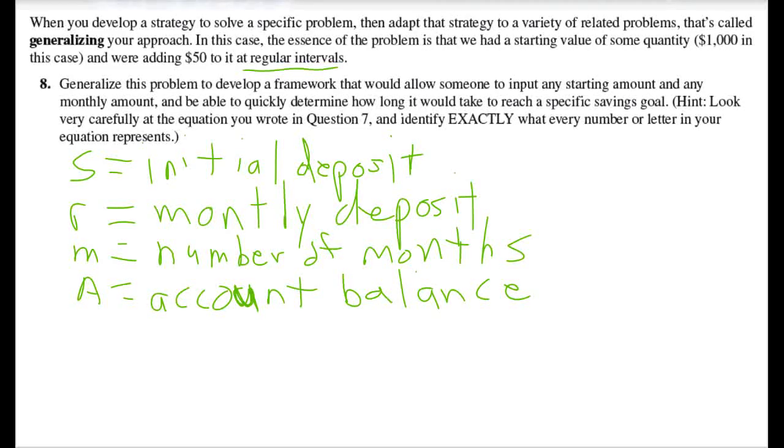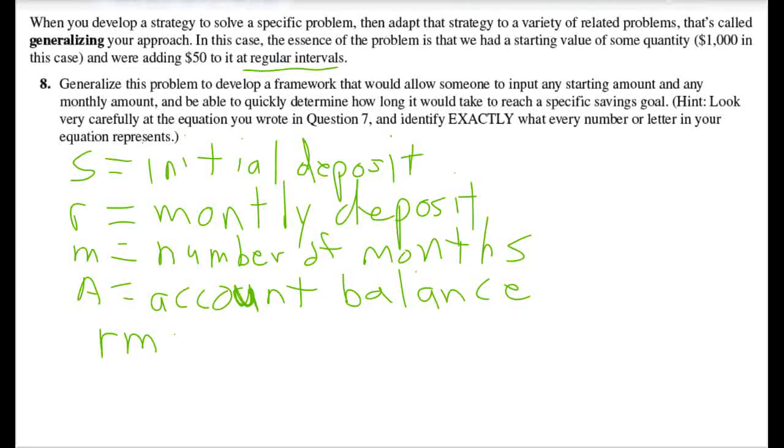So, just like I did before, instead of doing the 50 times M, I'm going to say RM. So 50 is the monthly deposit, R is the monthly deposit, M is the number of months. I'm going to say R times M, and when we write them next to each other, that means times.